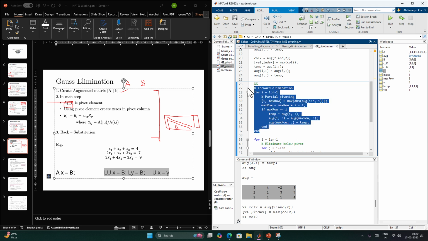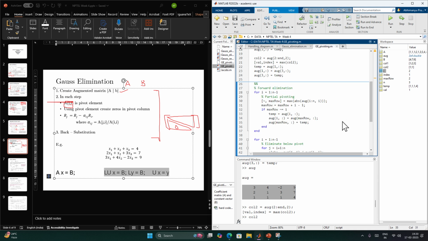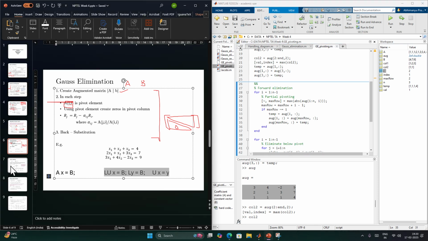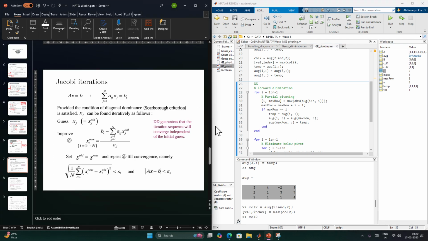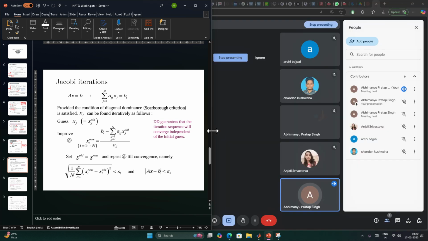What are we doing using this loop? And so if there are no questions, then let us go to the next part, which is the Jacobi iterations.